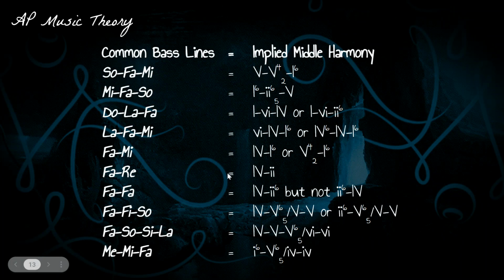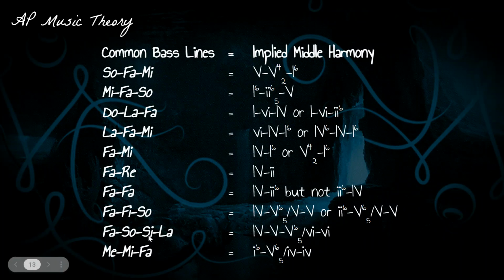We have fa, re, the subdominant to the supertonic, or the subdominant to a supertonic in first inversion, but not the other way around. We have fa, fi, so, which would mean a subdominant, a dominant over dominant in second inversion to a dominant, or a supertonic in first inversion to the dominant in second inversion over the dominant to the dominant.